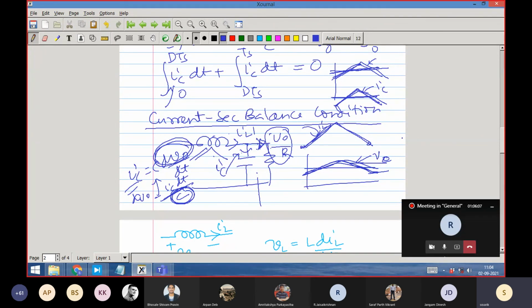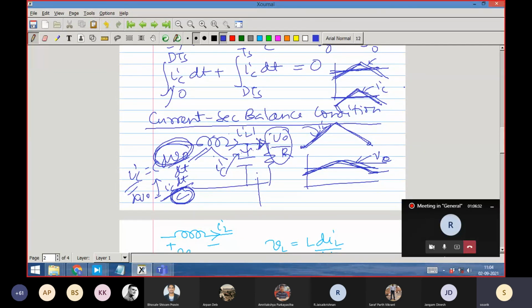KCL is balanced. The inductor current has a DC part and a ripple part. The DC part is going there. That is not very much changed because the voltage is almost constant. Then the ripple part will be coming to the capacitor. So the capacitor current average value, IC average, will be 0 in the period.